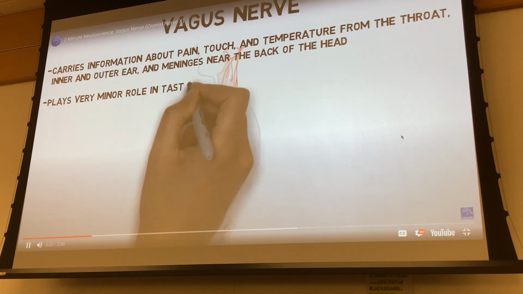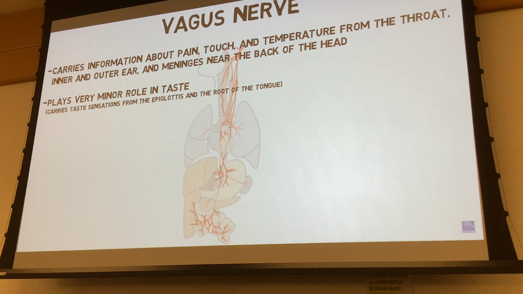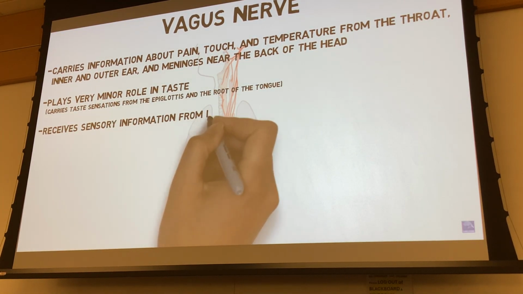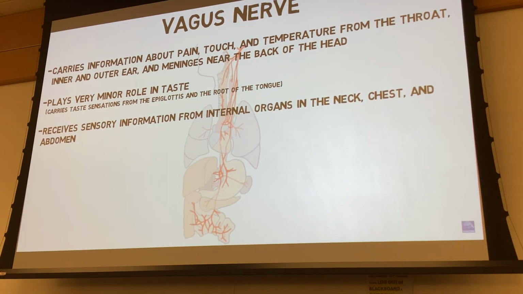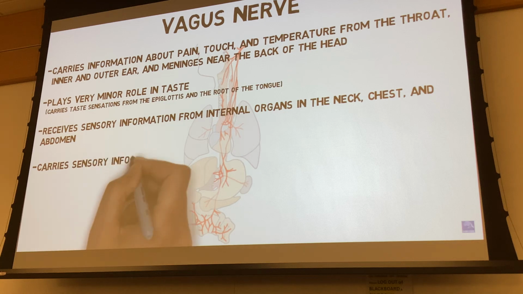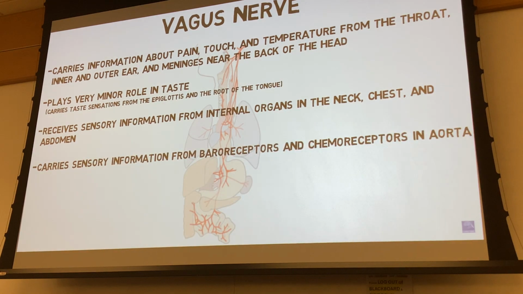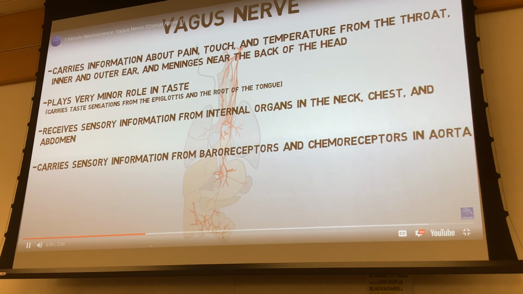It plays a very minor role in taste. It also receives sensory information from internal organs in the neck, chest, and abdomen, like the esophagus, heart, and digestive tract. And it carries sensory information from both baroreceptors in the aorta that detect changes in blood pressure and chemoreceptors in the aorta that sense oxygen levels.